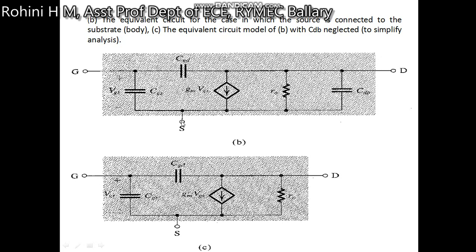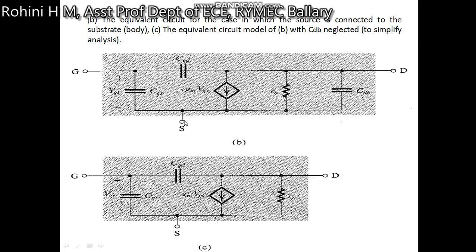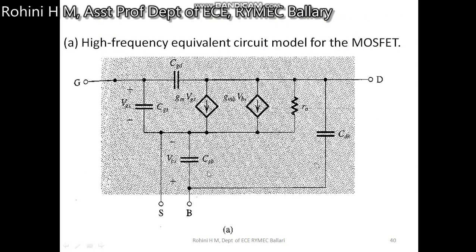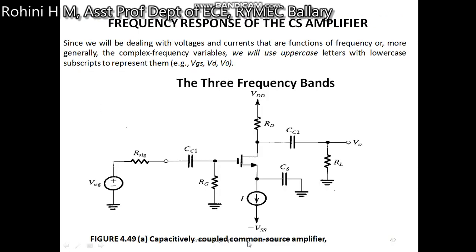Here the source and substrate are connected together, so they are the same. That's why we are removing one capacitance, CSB, while retaining all the other capacitances. In the third circuit, we are again neglecting CDB and drawing the circuit as it is. So that is the high frequency model.